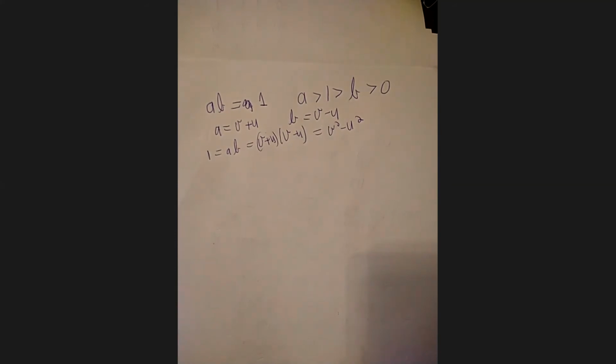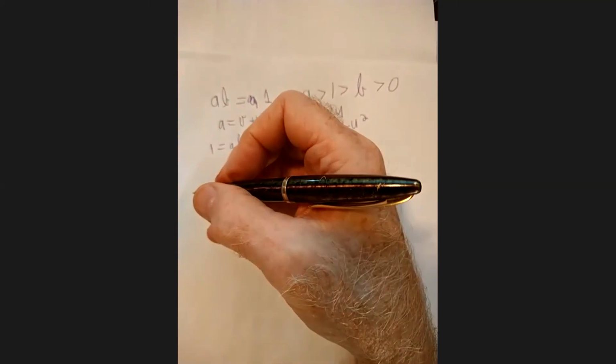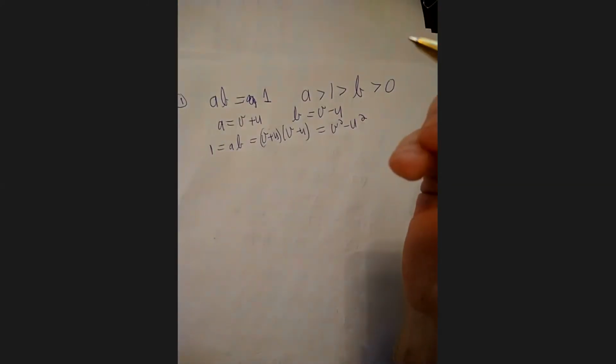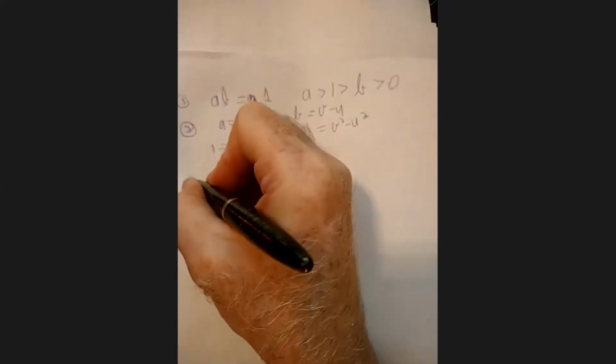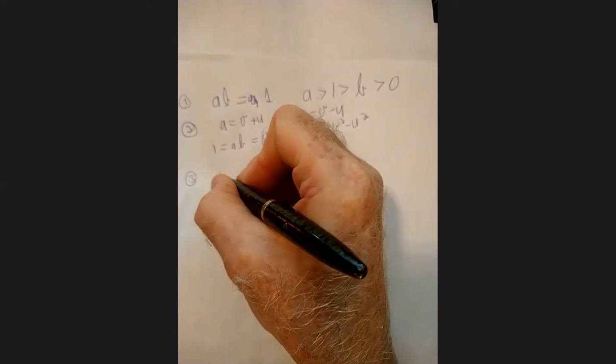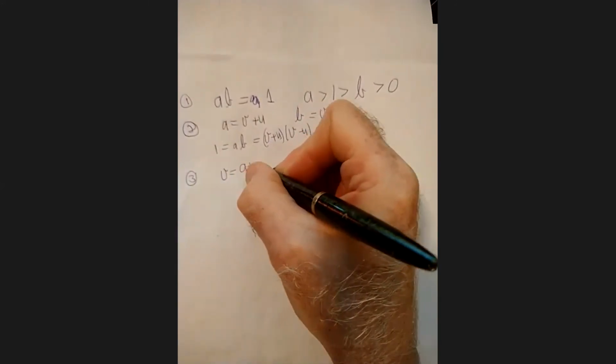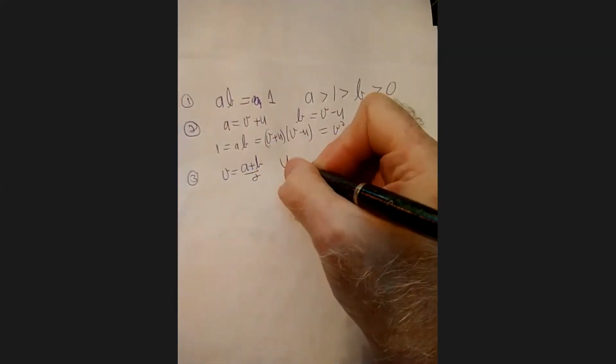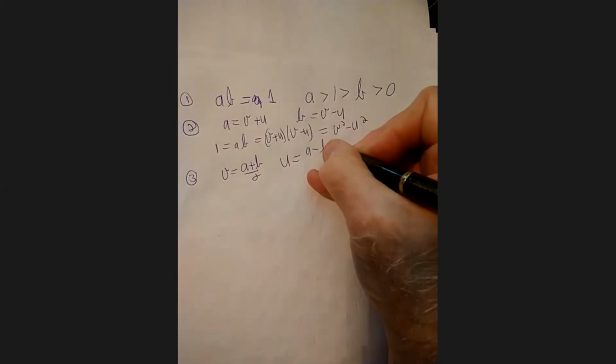So this is the first step, this is the second step. And the third step I just pointed out, which we already did: V is equal to the average of A plus B, and U is equal to the average of the difference.